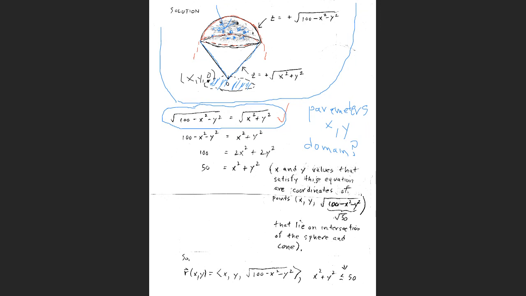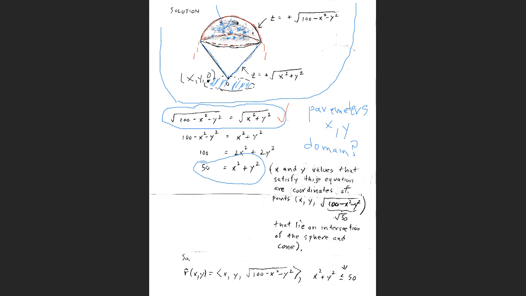So what I'm trying to do is find out the equation of that circle. And so I set the surfaces equal to each other, and when I solve, I get x squared plus y squared equals 50.